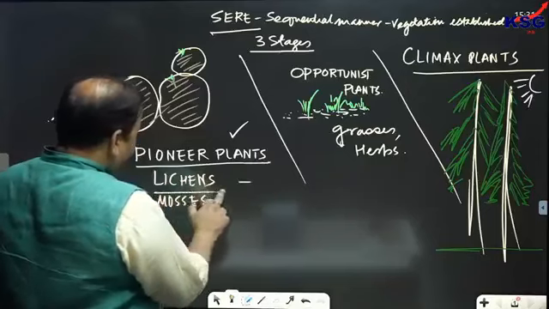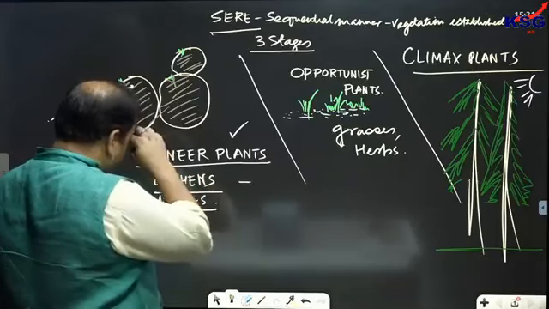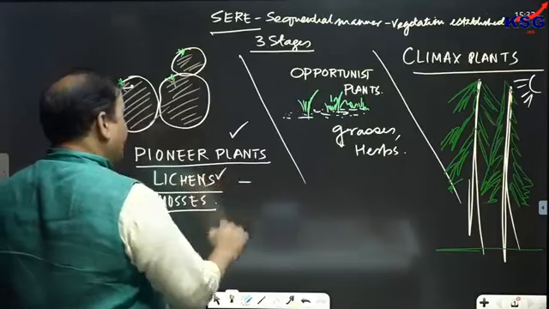For example, lichens or mosses. The phase of pioneer plants, for example lichens or mosses.